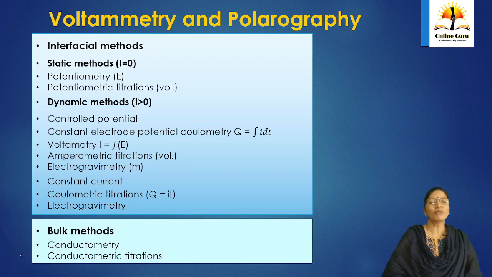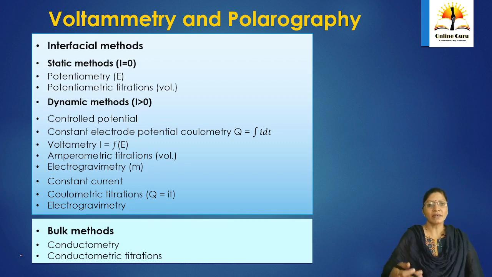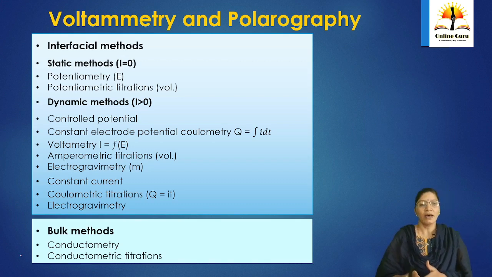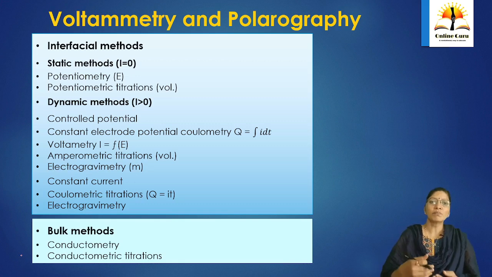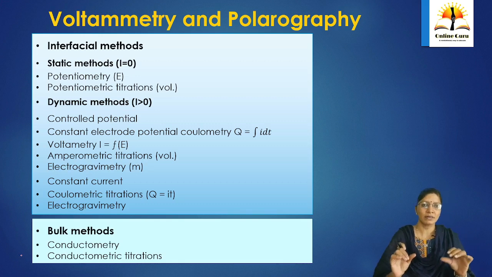So let us talk about what is meant by voltammetry and polarography. Electroanalytical techniques are classified into two major classes: interfacial methods and bulk methods. What is the difference between these two classes?